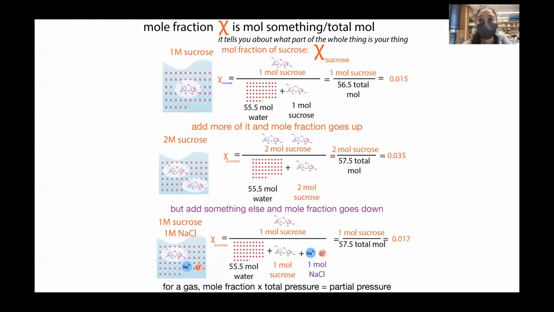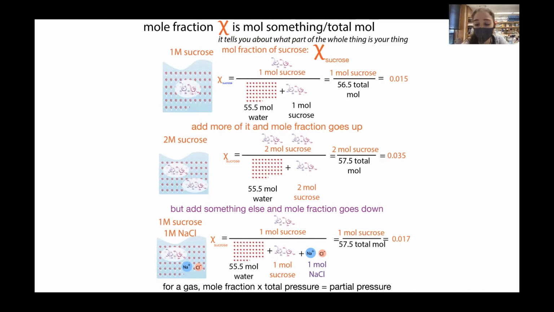Another one is percent volume. This comes up in alcohol sales with proof. The definition of proof I think changes from country to country, but in the United States, 100 proof would mean 50% alcohol by volume, I think.